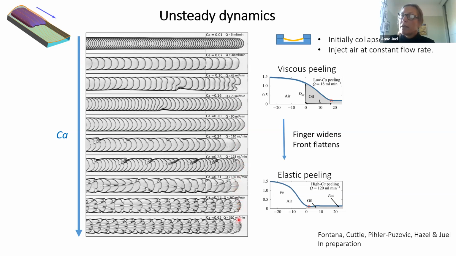And then eventually you get this rather complex small scale fingering on the tip. So as you increase the capillary number, you get a system that is more prone to tip instabilities, and these tip instabilities in turn get affected, leading to unsteady dynamics.